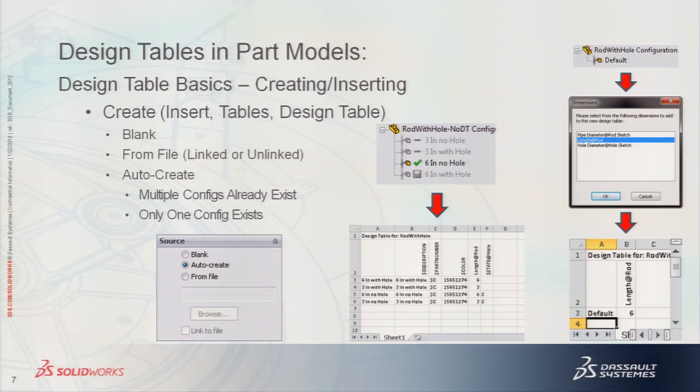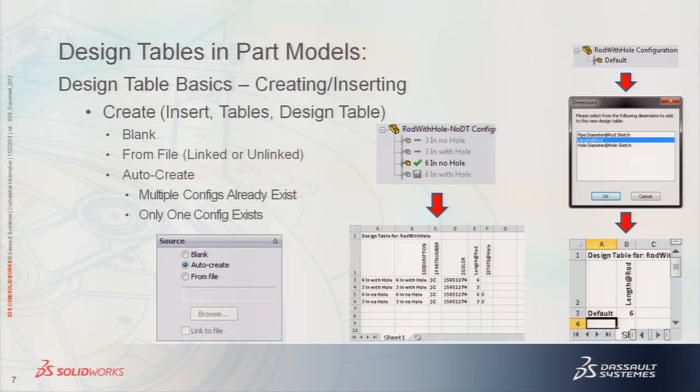You can order them however you want in the design table, but I get confused if my design table is ordered differently than what's in the configuration manager. Does that answer your question? Okay. And the same thing with the columns. The columns you can move around, so if you want your dimension 1 that's related to this whole feature that's suppressed or unsuppressed, you can order everything together that way as well. So, other question up front here?